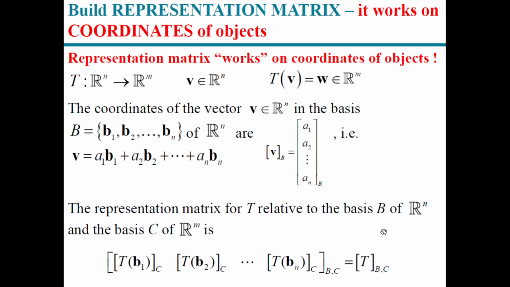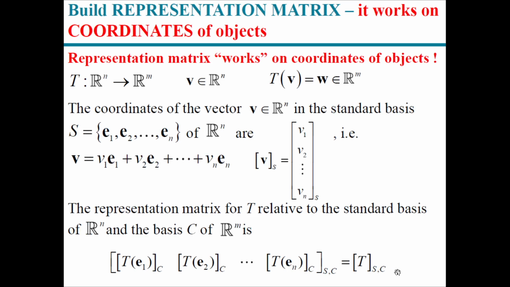This part is a little bit heavier because we need to solve a huge linear system using Gauss-Jordan. Here the inputs are given in coordinates of basis B and the outputs in coordinates of basis C. A representation matrix works on coordinates of objects. That's what it means.